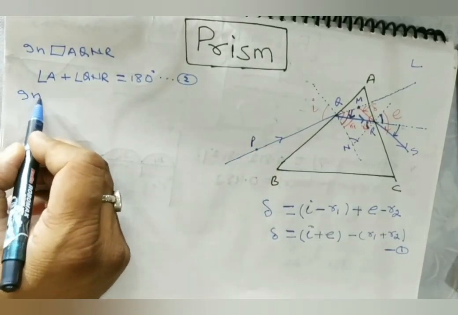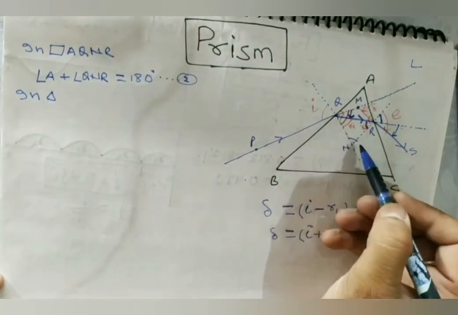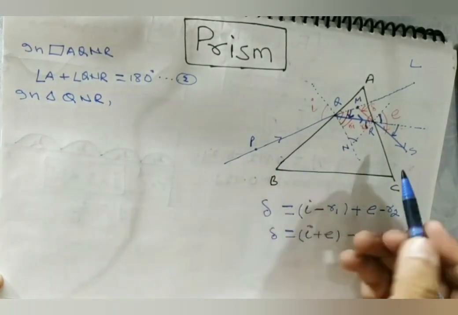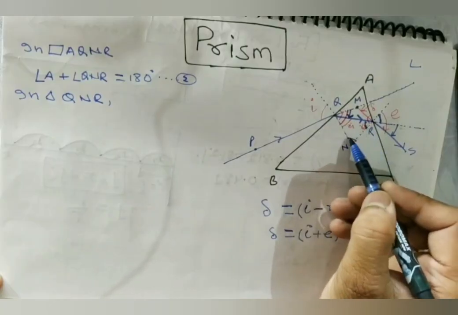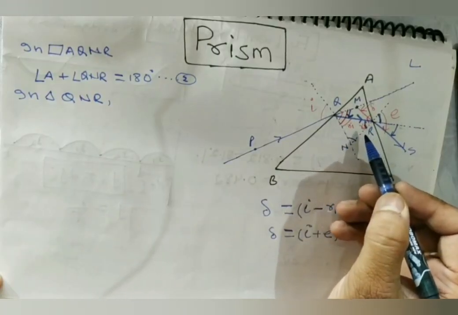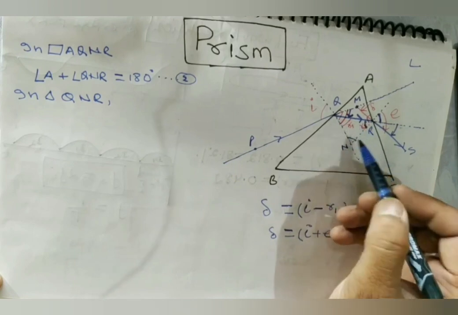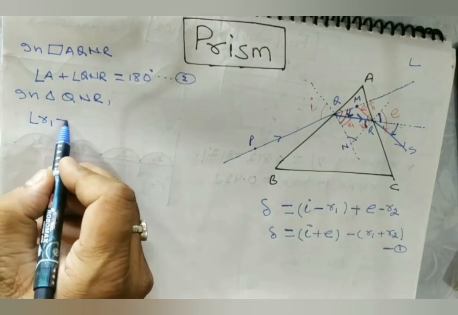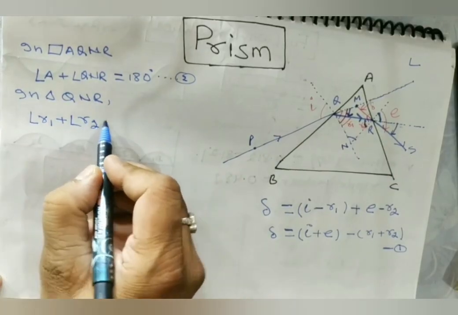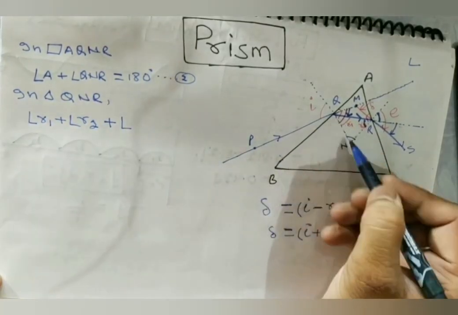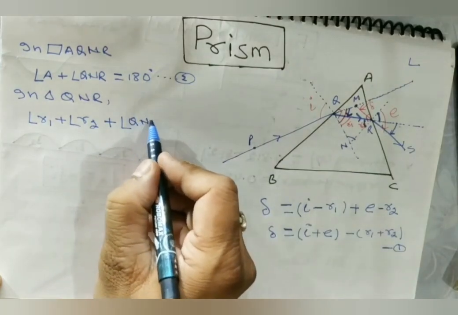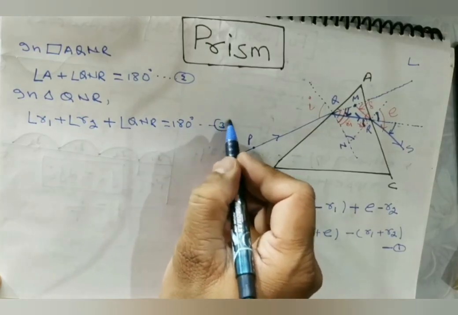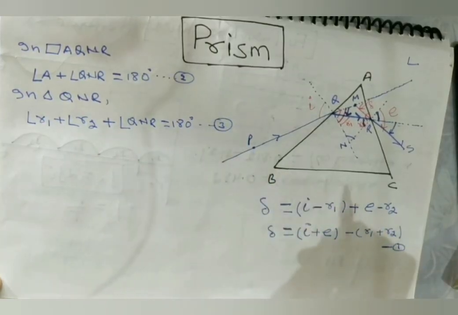Now in triangle QR, R1 plus R2 plus this angle must be 180 degrees, because the sum of all angles of a triangle must be 180 degrees. So angle R1 plus angle R2 plus angle QR must be equal to 180 degrees. That is equation number 3.